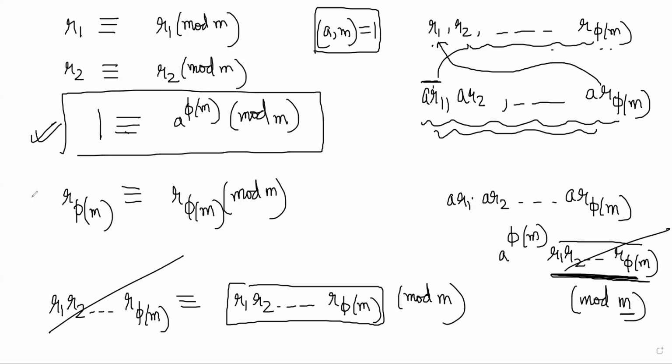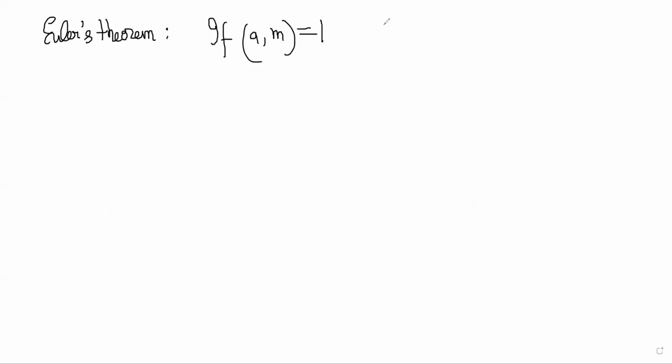Now, let me just restate it once more. Euler's theorem: if GCD of A and M is 1, then A power phi M is congruent to 1 mod M. Then we come to Fermat's little theorem.